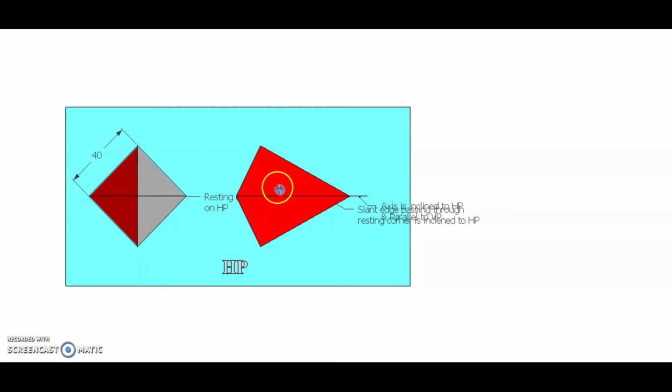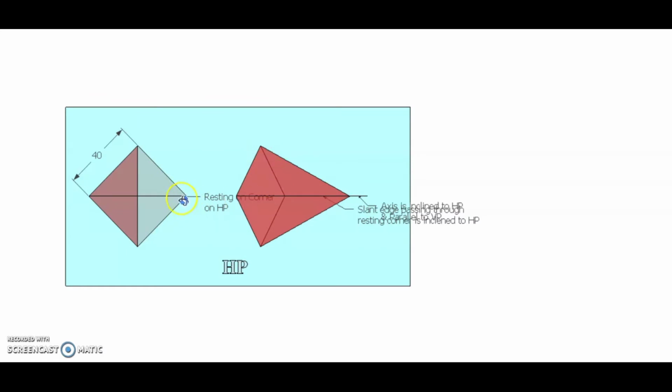These two red colored triangular faces are clearly visible in the final condition top view. This slant edge as well as this base edge is not visible, which we have to show by dotted lines.